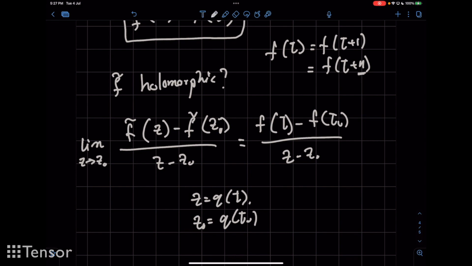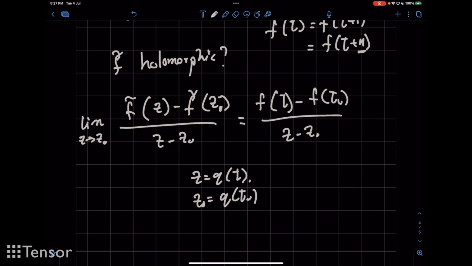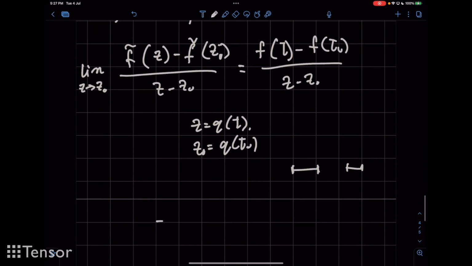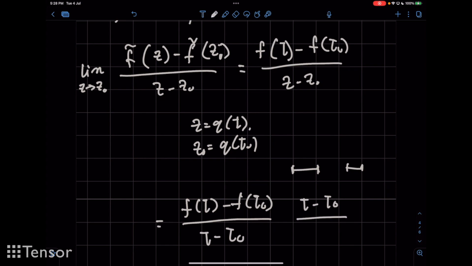Since we can take z and z naught to be really close, for sufficiently close z and z naught, we can choose tau and tau naught to be sufficiently close as well. Then we can rewrite this as f of tau minus f of tau naught divided by tau minus tau naught, divided by z minus z naught.